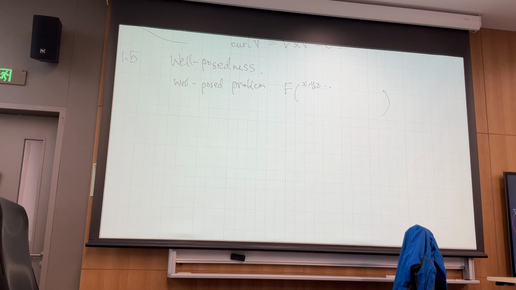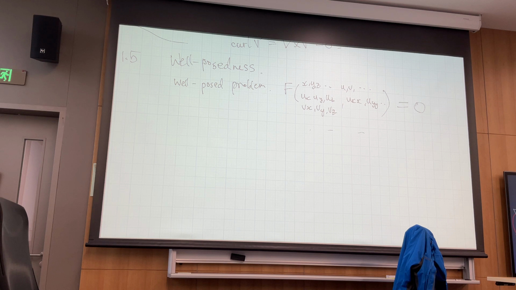And then u, v, these are the dependent variables, right? And then ux, uy, uz, vx, vy, vz, these are the first order derivatives, and then uxx, uyy, these are second order derivatives and higher order derivatives. A big function of all these things included together is 0. This is the most general form of a partial differential equation, right?